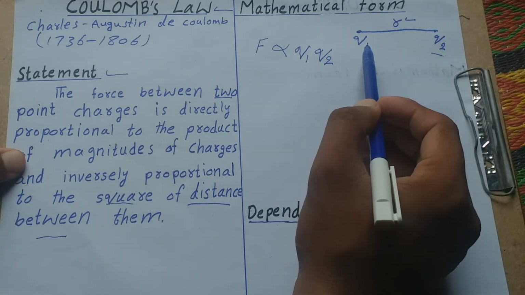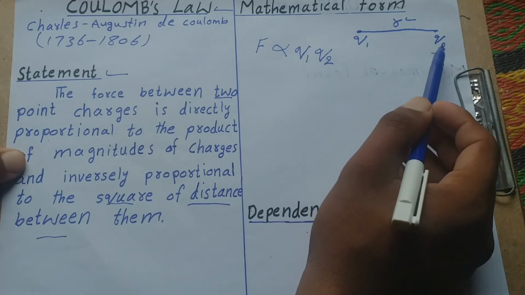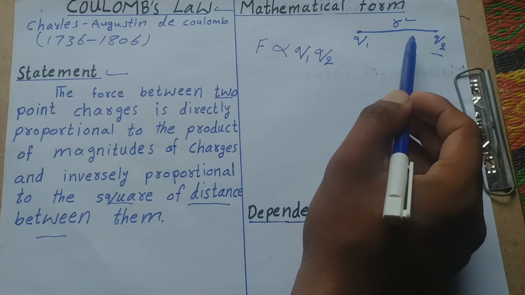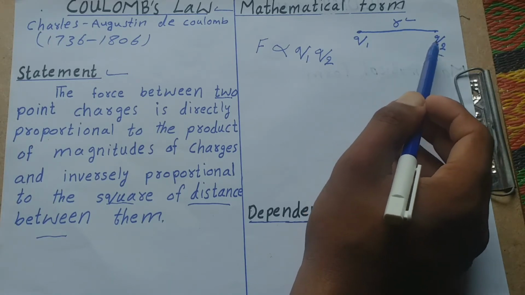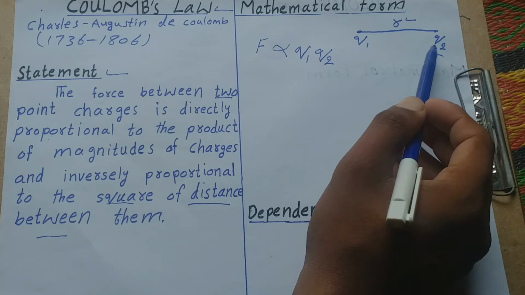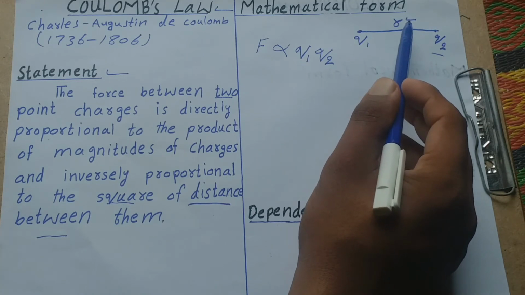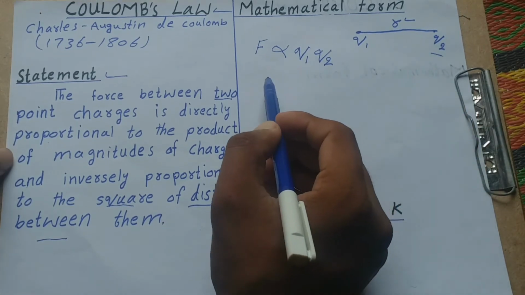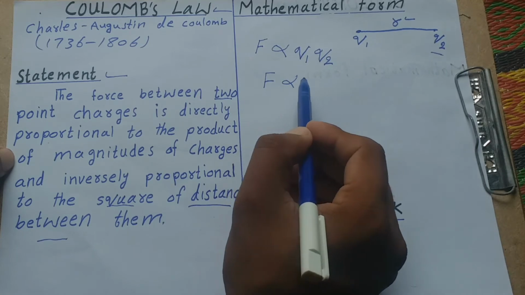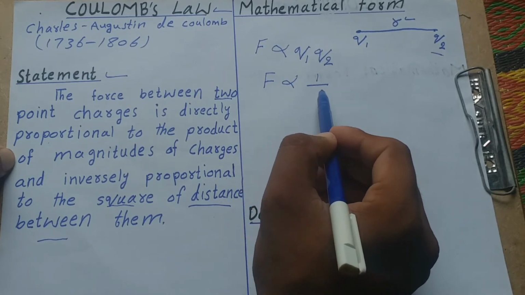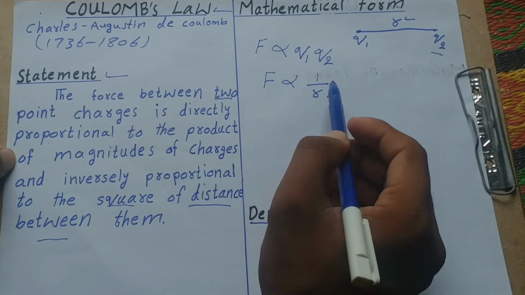Q1 applies attraction or repulsion on Q2 and F is inversely proportional to R, and again Q2 applies on Q1, so F is inversely proportional to R. R multiplied by R is R squared. That is the reason force is inversely proportional to the square of distance.